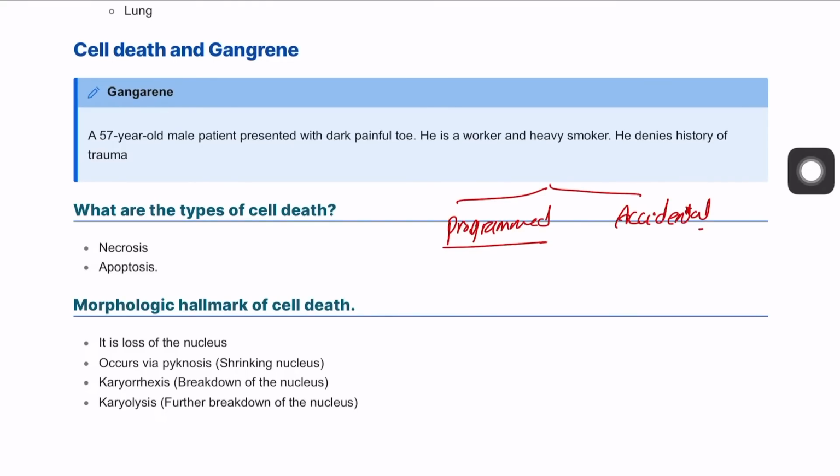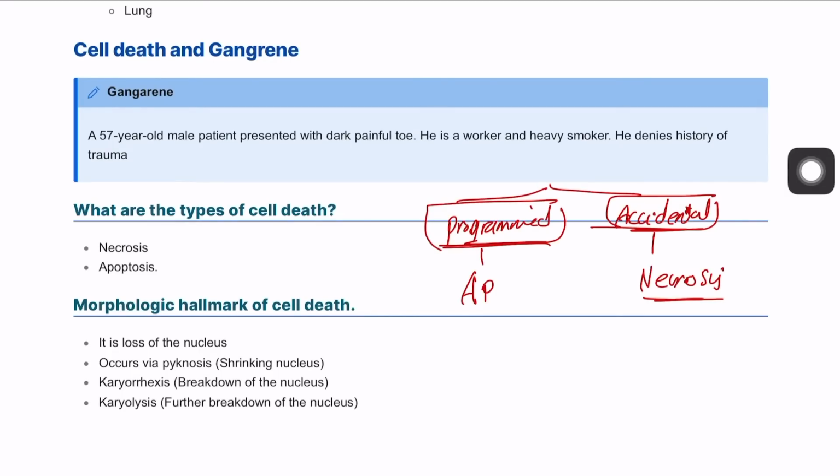The accidental turnover is when you have trauma or some sort of inflammation, and we call it necrosis. The programmed death of cells happens because cells age and need to die, because otherwise they can mutate and lead to cancer. So we have a program to do that, and it's called apoptosis. These are the two main programs by which our cells die.